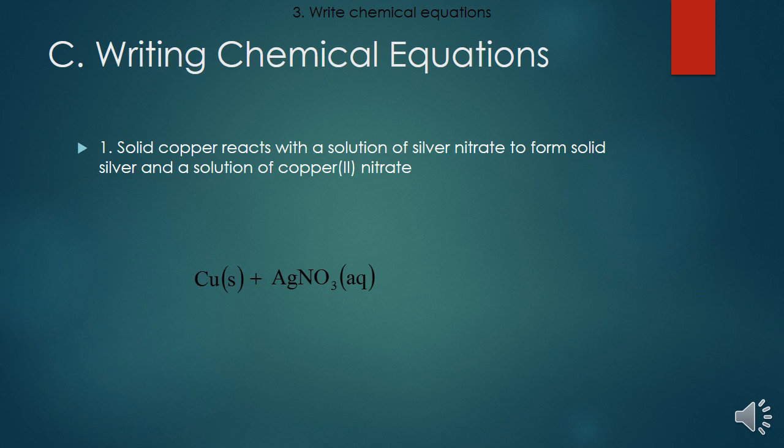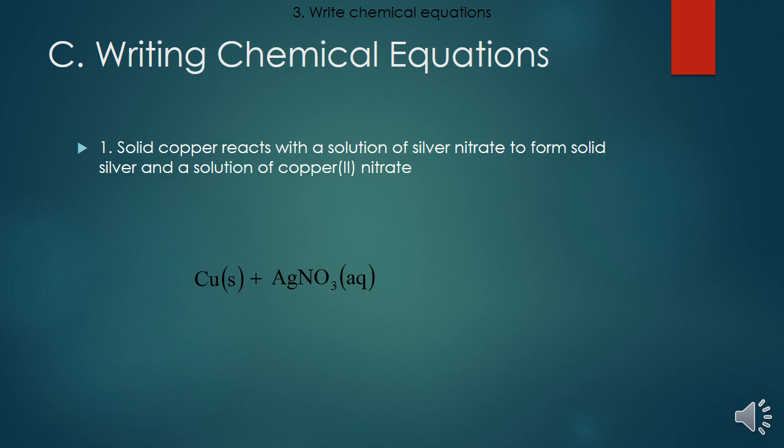We need to be able to write these formulas correctly. So the charge on a silver ion is 1 plus, the nitrate's 1 minus, so AgNO3. And notice we're told it's a solution. So again, we just mentioned this. If it's a solution that tells us it's dissolved in water, unless we're told specifically it's dissolved in something else. So AQ or aqueous would be the physical state.